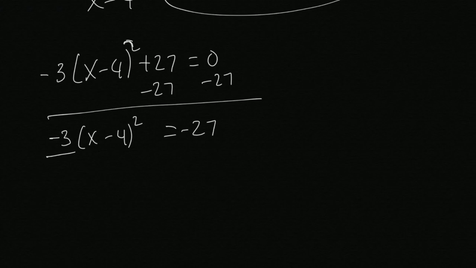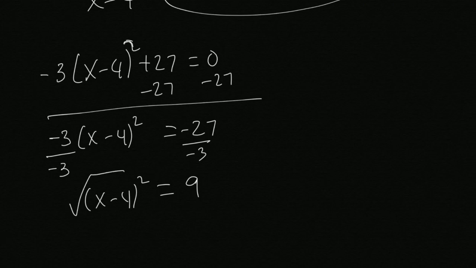But now, when I divide by negative 3, I get that (x minus 4) squared is equal to positive 9. Now that I have the positive 9, I can go ahead and take the square root and not worry about that minus sign. Square root of 9 is plus or minus 3.